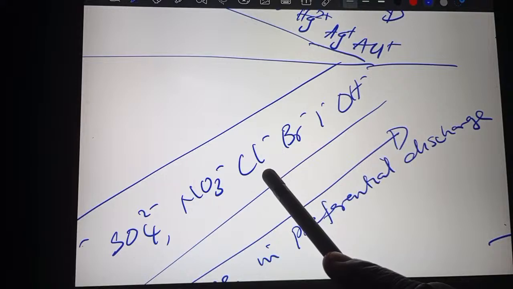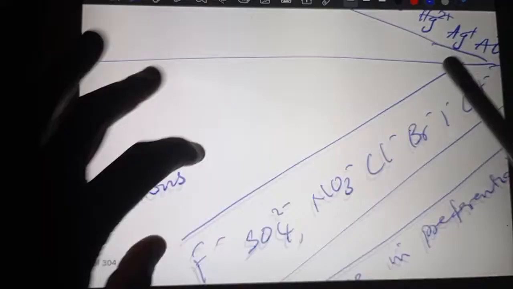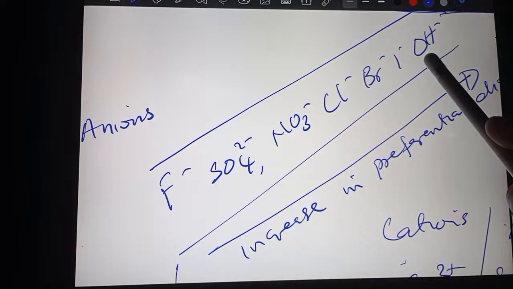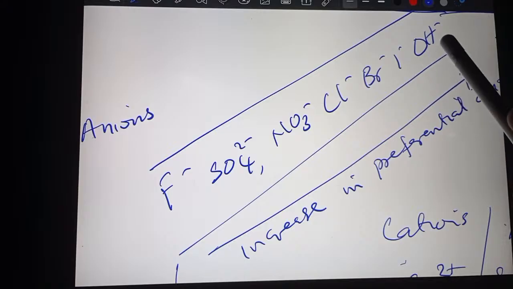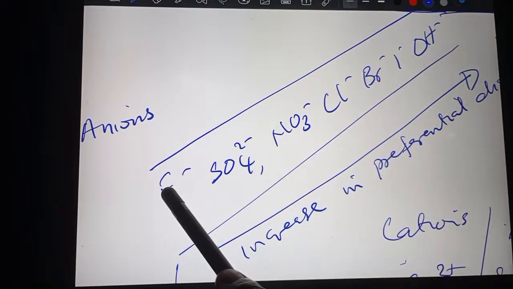The same thing is to chlorine because they are still a bit close. But looking at this one, fluoride ion, no matter how you increase the concentration, fluoride ions will never be discharged in the presence of OH. OH must be discharged completely before anything will happen to fluoride ion.